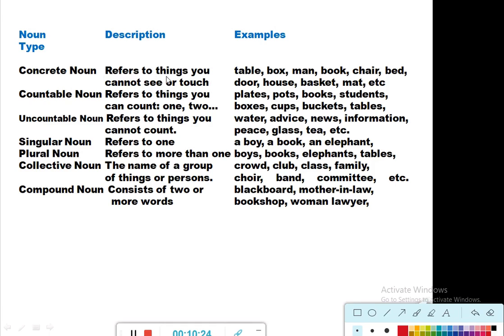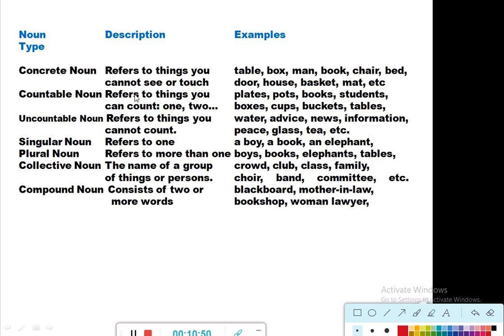We have already seen that an abstract noun refers to things you cannot see, but a concrete noun refers to things you can see and touch. So you can see and touch a table, a box, a man, a book, a chair, a bed, a door, a house, a basket, a mat, and so on and so forth. Things you can see and touch are concrete nouns.